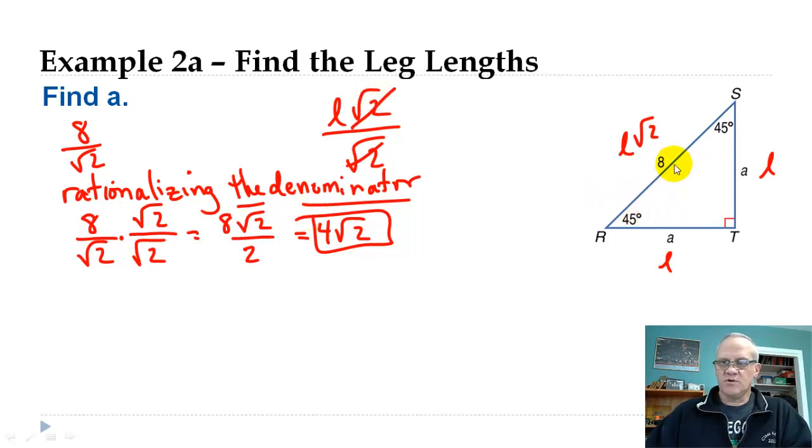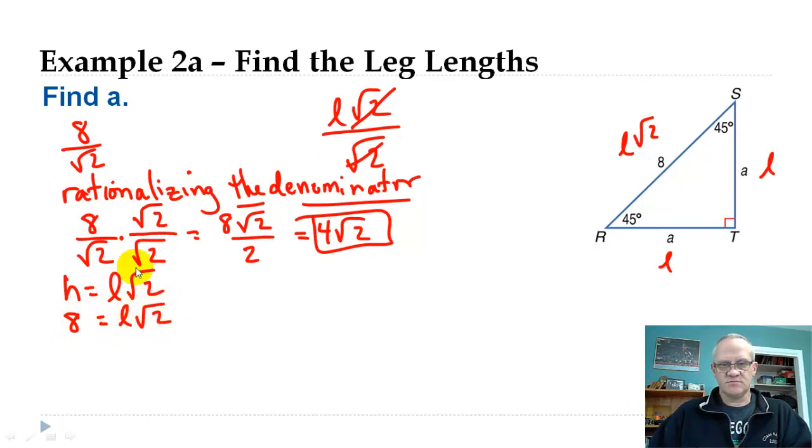So that's one way that you can think about it. If you know the hypotenuse, just divide by the square root of 2, and you might have to rationalize the denominator. The other way that you can think about it, which gets you to the same place, is to remember our formula that h equals L times the square root of 2, and then plug 8 in for h.